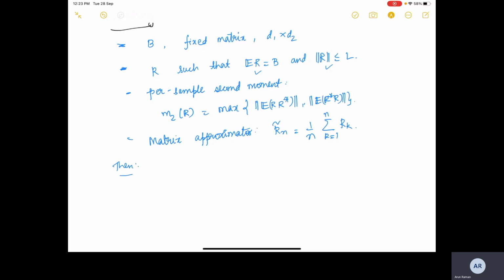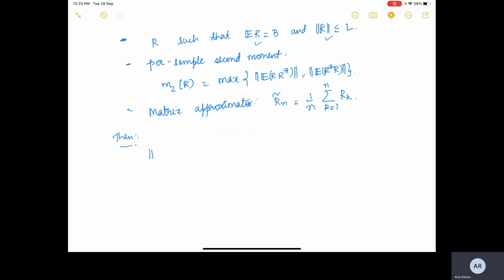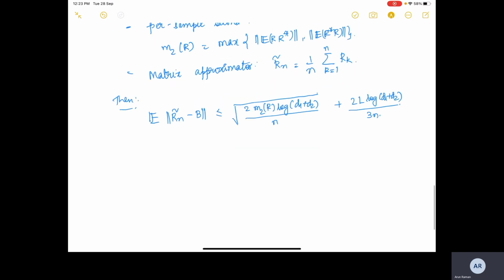Then the result is that the expected value of the norm of R n tilde minus B is less than or equal to 2 m2R log(d1 plus d2) divided by n, plus 2L log(d1 plus d2) divided by 3n.